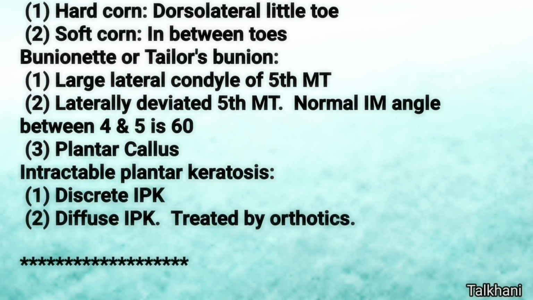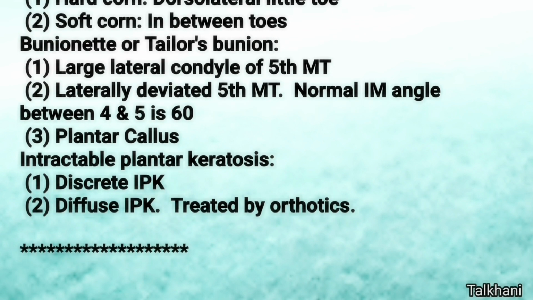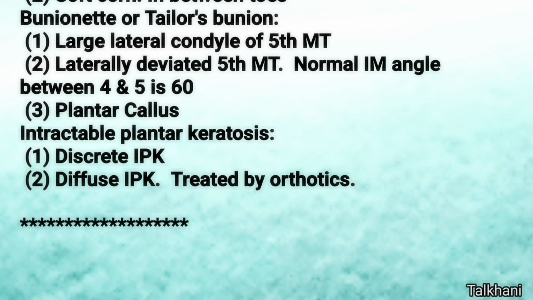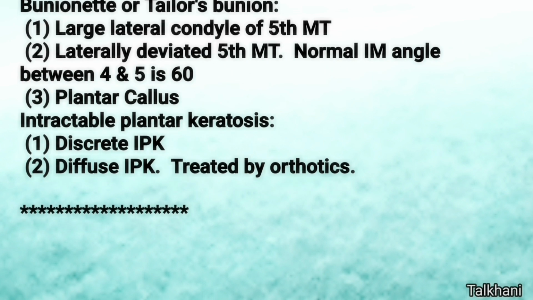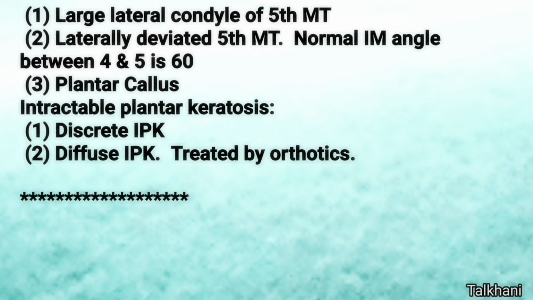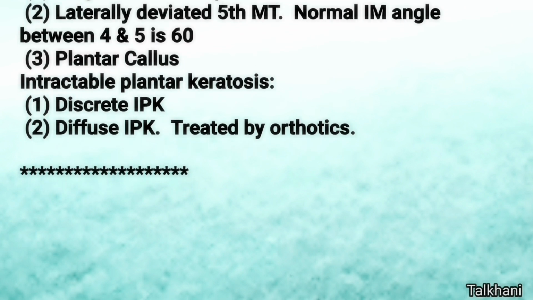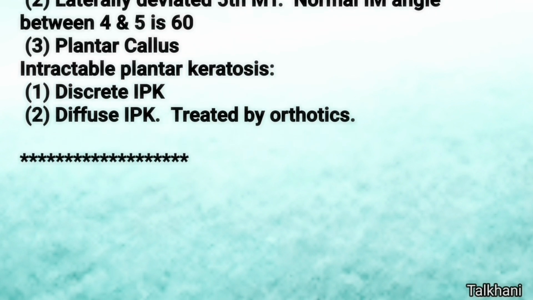Normal intermetatarsal angle between fourth and fifth toes is 6 degrees. Plantar callus is often associated. Intractable plantar keratosis can be discrete or diffuse intractable plantar keratosis. Treatment is orthotic.